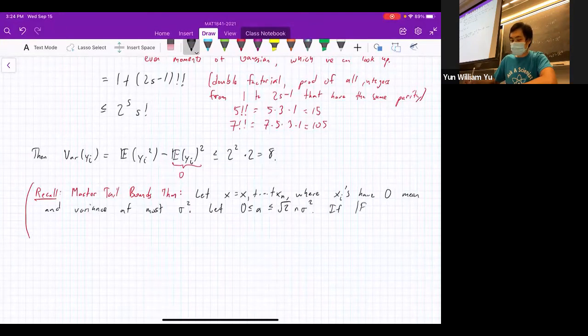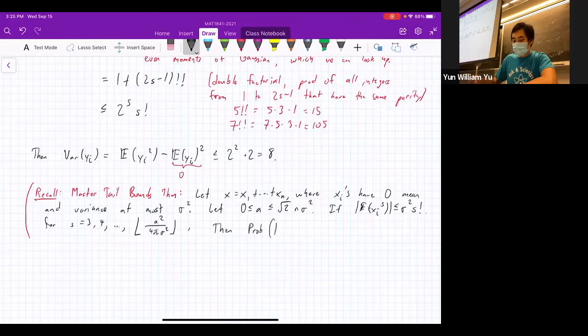If we have the expectation of xi to the s is less than or equal to sigma squared s factorial for all these s's equal to 3, 4, all the way to the floor of a squared over 4 pi sigma squared, well, then we know that the probability that the norm of x is greater than or equal to a is less than or equal to 3e to the minus a squared over 12n sigma squared.